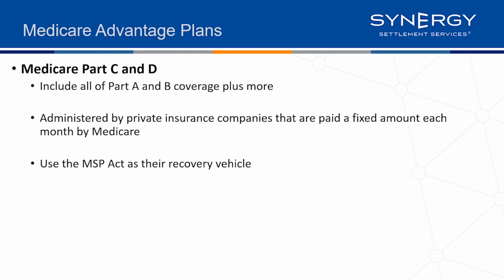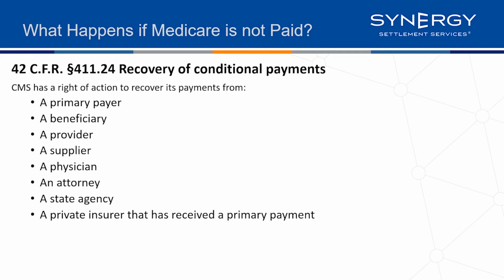If you are looking to find out what a Medicare Advantage plan paid, you would have to seek this information from the plan itself. Medicare does not share the Part D and Part C information through the Benefits Coordination and Recovery Center, the entity that you would reach out to when there's a traditional Medicare Part A or Part B plan.